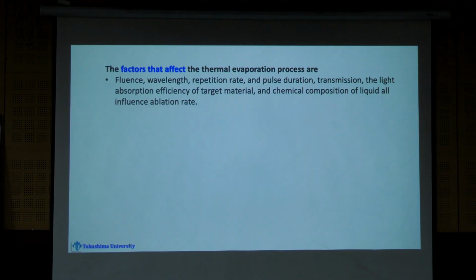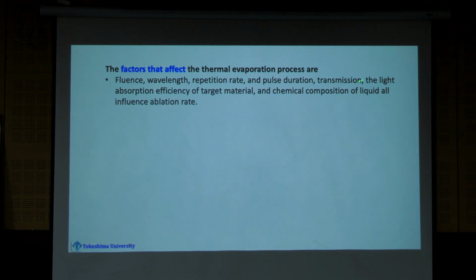So this laser ablation can be controlled by various parameters. When you change these parameters, fluence, wavelength, repetition rate, pulse duration, transmission or light absorption, how much energy, how much time, how much fluence, what kind of laser you are using, all those parameters can control the synthesis.